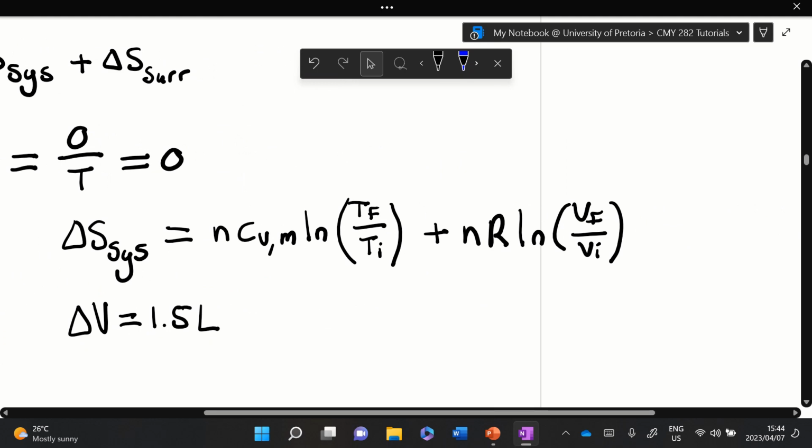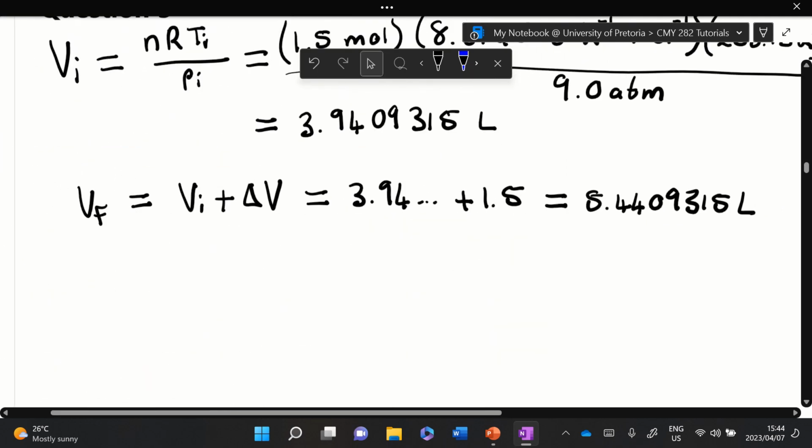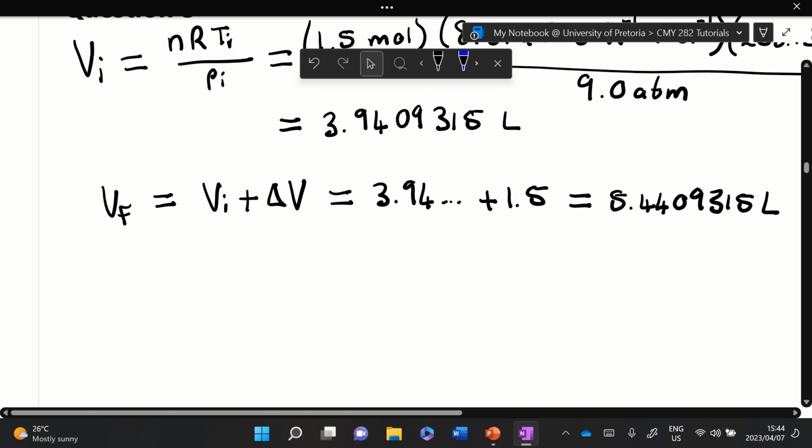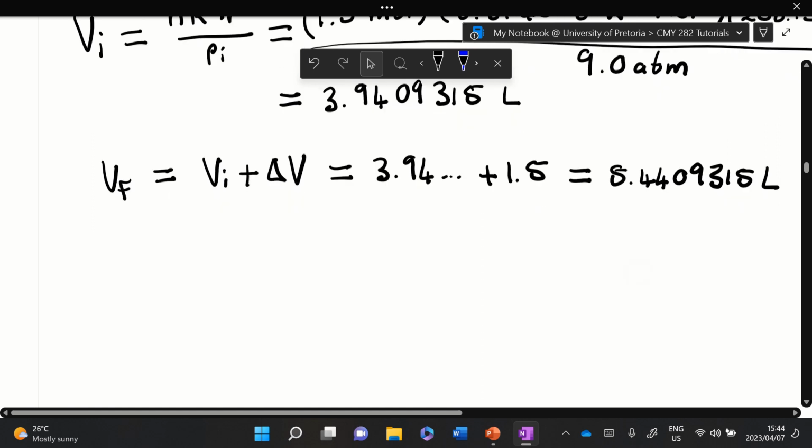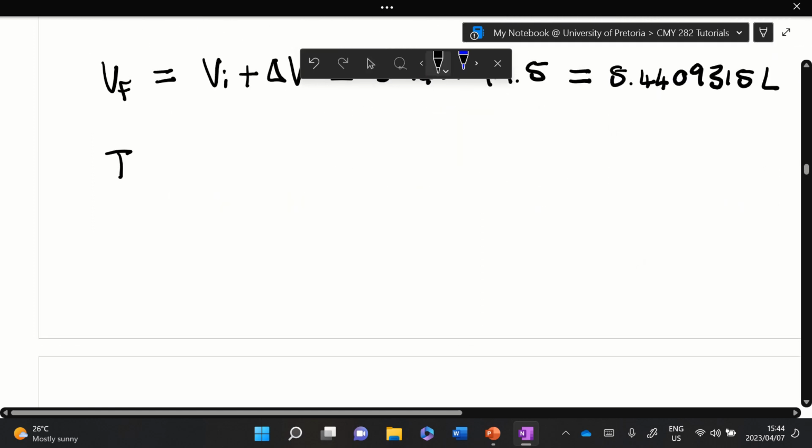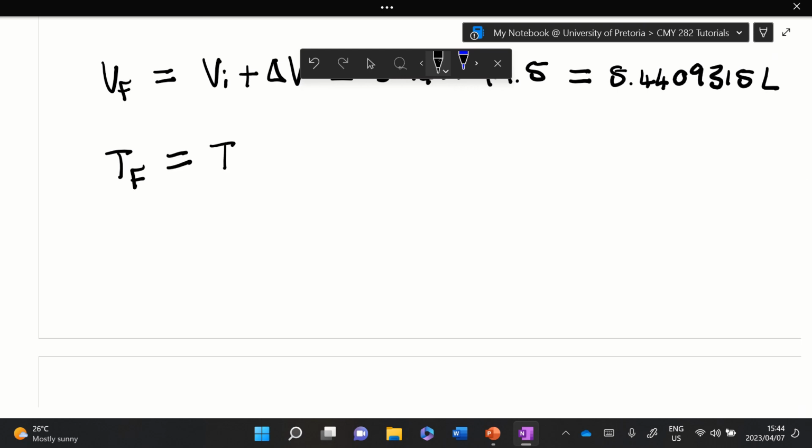Okay, so now we have everything that we need for this right hand side. We have n, we have R, we have V_F and V_I. We also have delta T_I, but we don't have T_F. So let's also use this trick to calculate T_F.